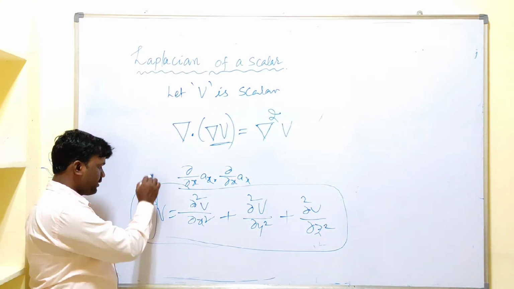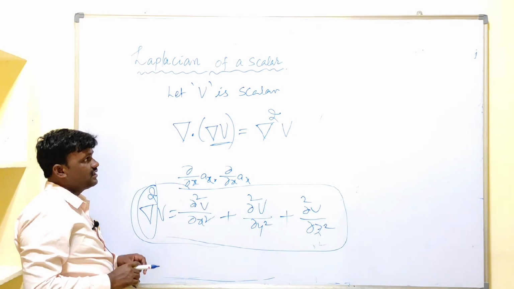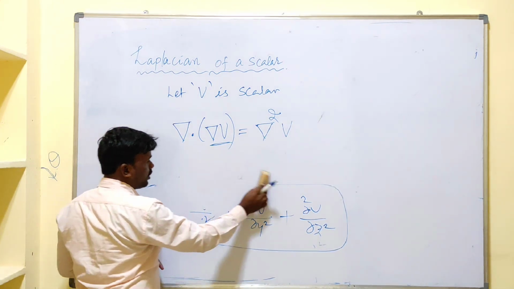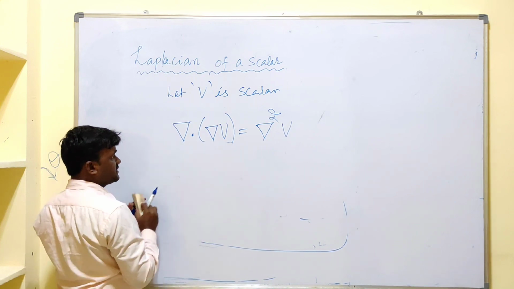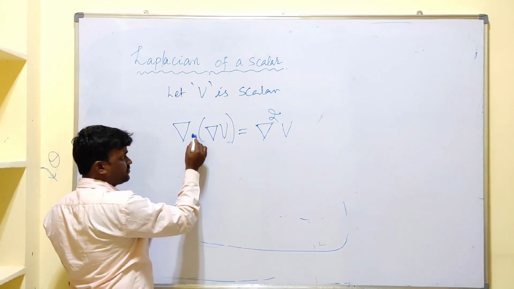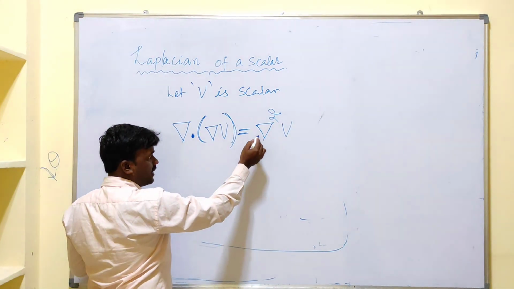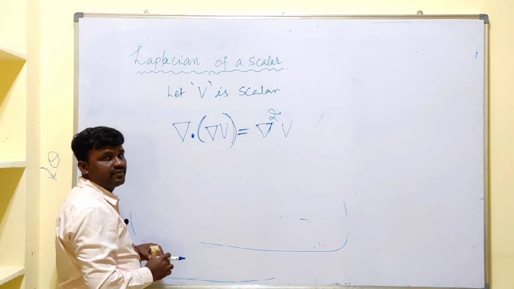This del square operator is called the Laplacian of a scalar or Laplacian operator. We define it as the divergence of gradient of a scalar, which gives the Laplacian on that scalar quantity.